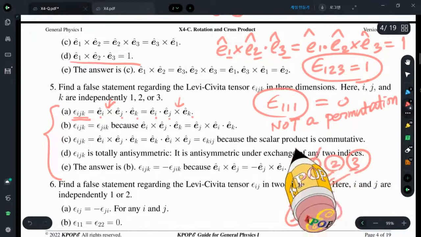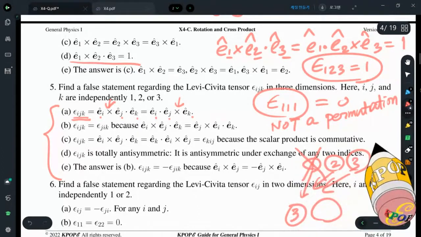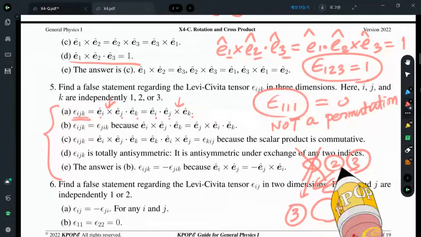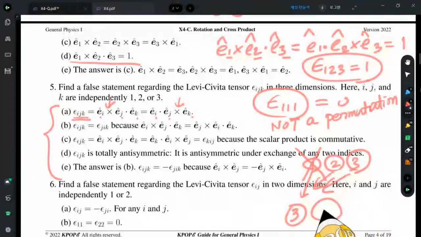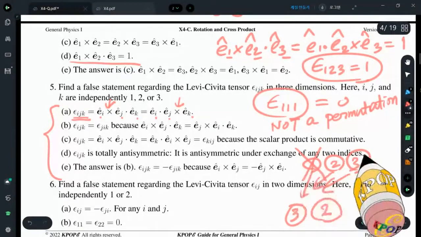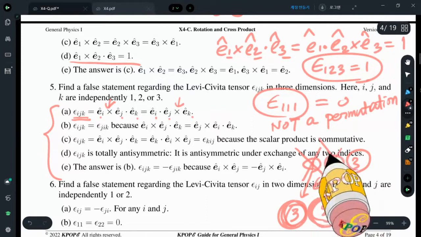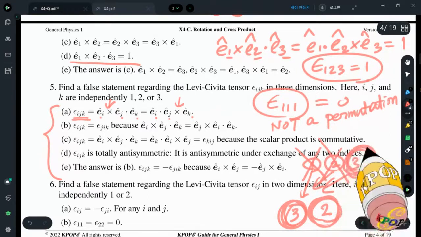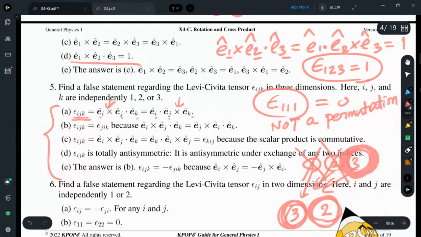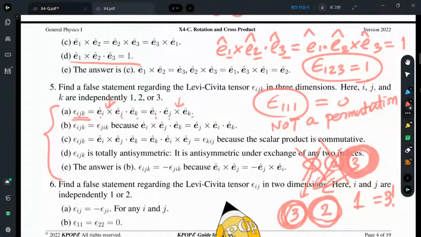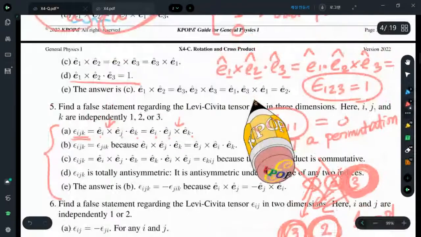Once I choose any one of the 3 numbers, the next entry should be chosen from 2 instead of 3 because I have used up 1 index. And then if I fill the second one, the remaining choice is a single choice. So that is 3 factorial. So we have 6 permutations.